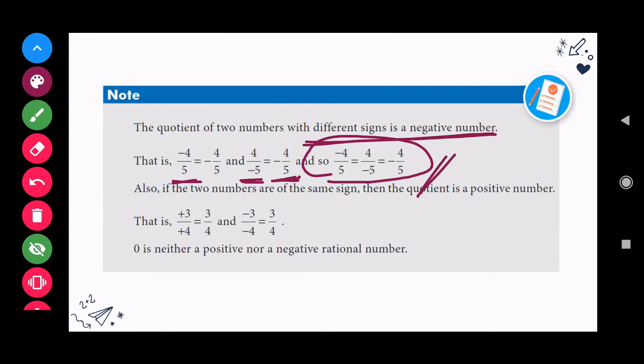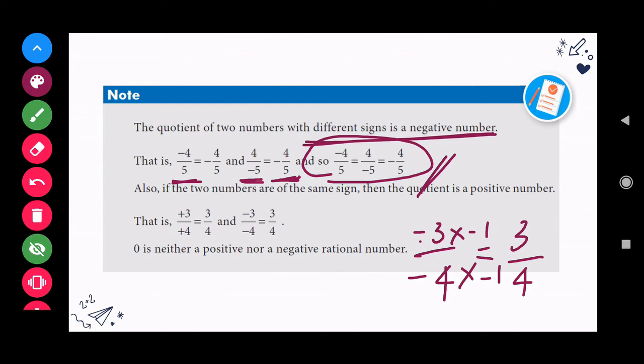In the same way, if both the numbers are of the same sign, which means the numerator and denominator are of the same sign, we can write it as a positive term. For example, let's say we have minus 3 by minus 4. We can write it as positive 3 by 4. How? We multiply by minus 1 and divide by minus 1, so negative and negative gets positive.